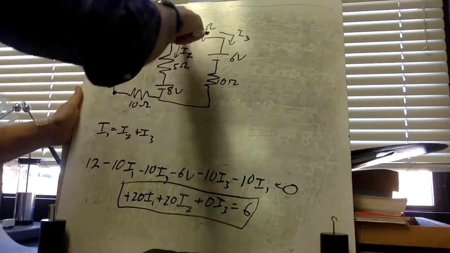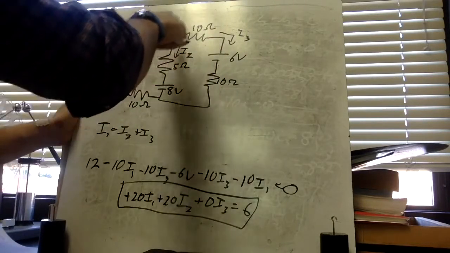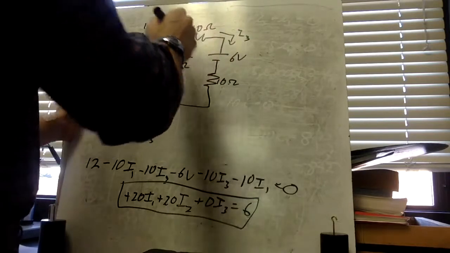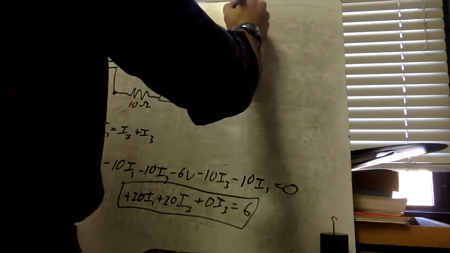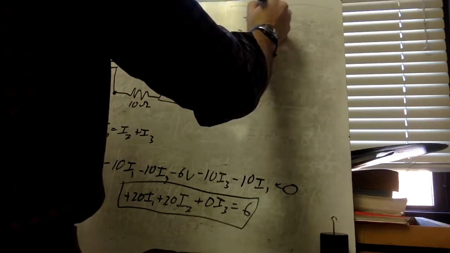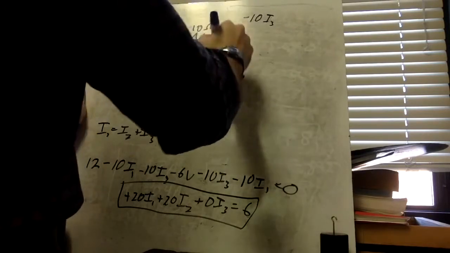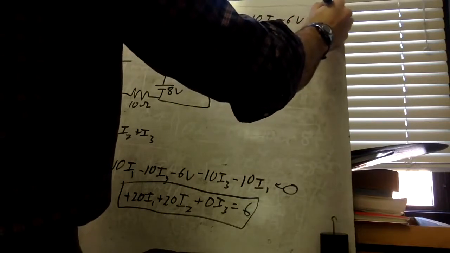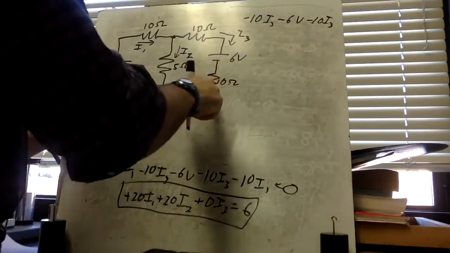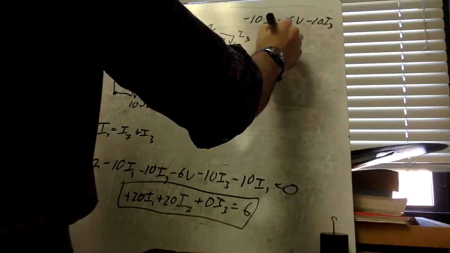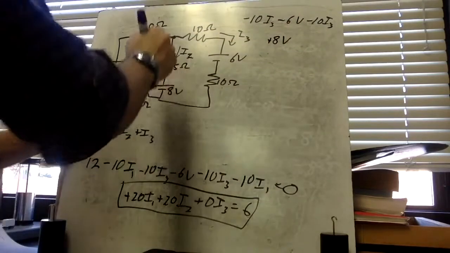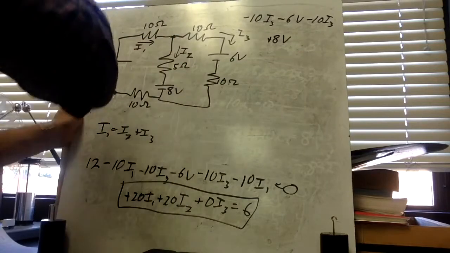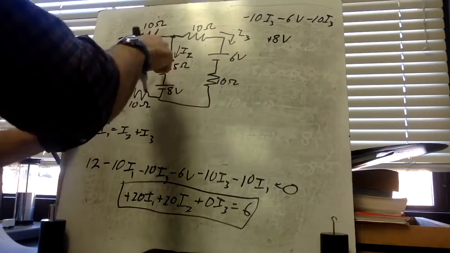And let's write an equation for this, actually. Let's go this way so you can see how this works. So I'm going backwards across this resistor so you can see that. So let me start here. So right away, this is minus 10I3 minus 6 volts minus 10I3. That's going this way. And then plus 8 volts. And now, since I'm predicting the current, if the current's going this way, then this is the plus and that's the minus side of this resistor.